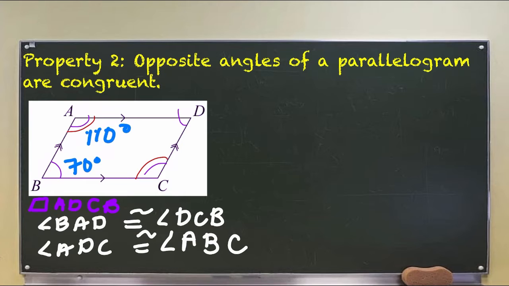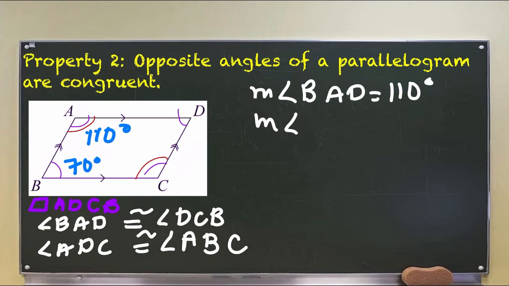Ngayon, solve natin kung ano yung mga measure ng natitirang angle. So, if M angle BAD equals 110 degrees and M angle ABC is 70 degrees, ano ang measure na natitirang angle?